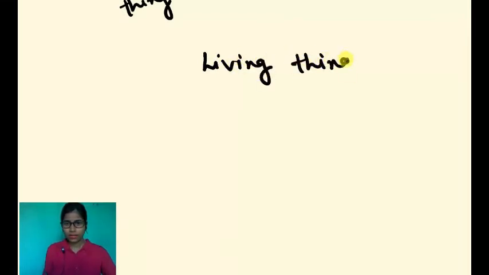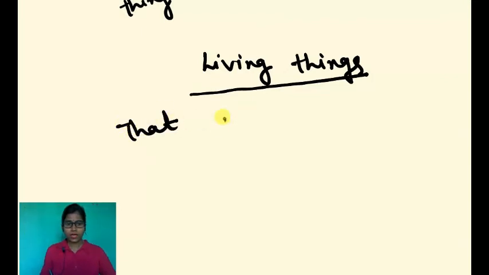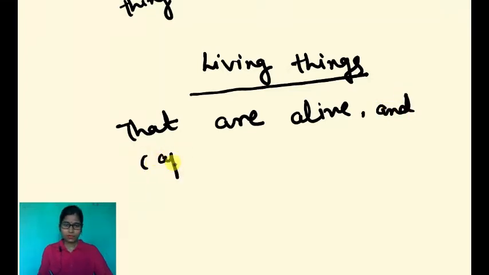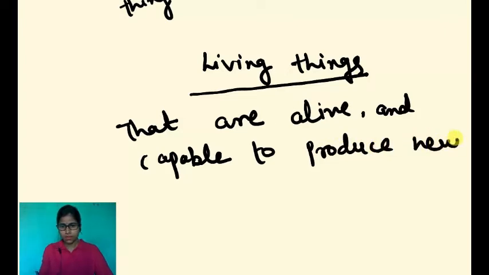What is a living thing? How do you call a thing living? That kind of thing that is alive or capable of producing new life. That is called a living thing.